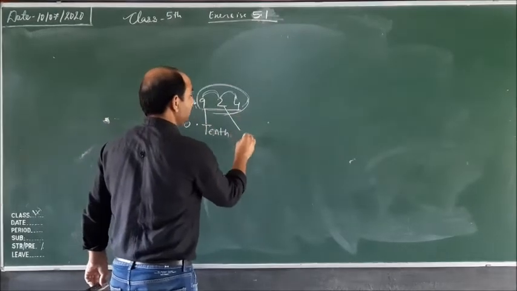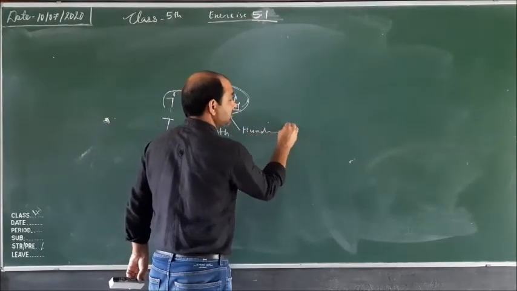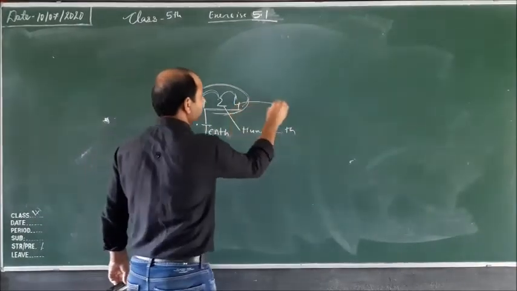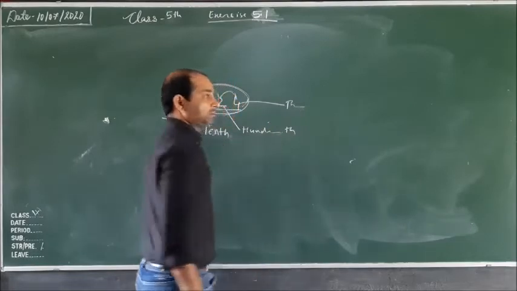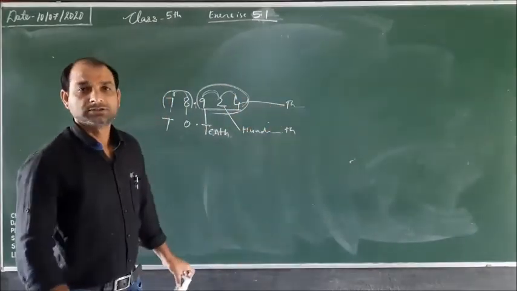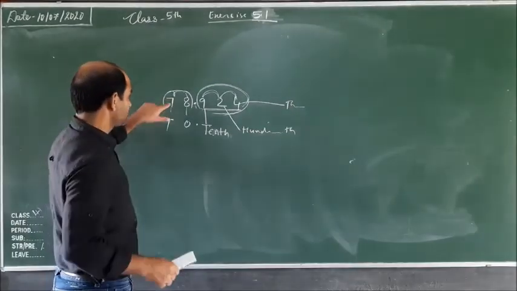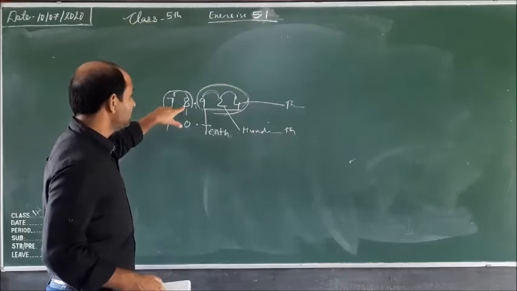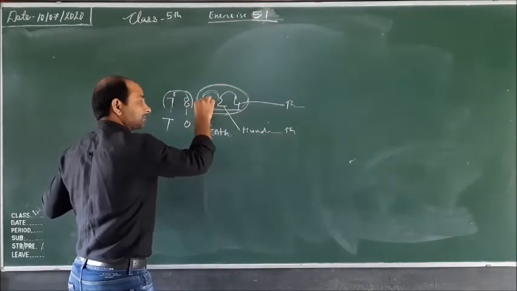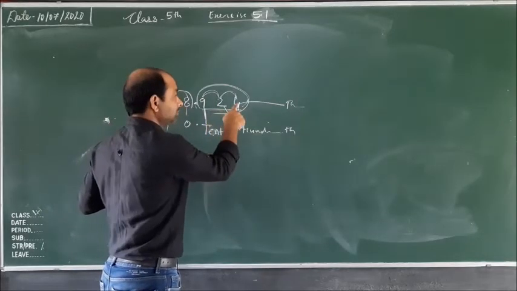This is in the hundredth place, and this one is the thousandth place. So dear children, this is tens, ones, after ones here tenth, hundredth, thousandth.